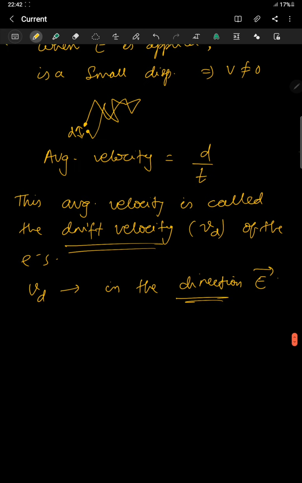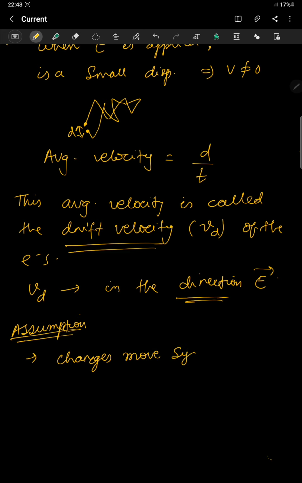Now so many electrons are involved here, so to make our life simpler, we will take some assumptions. This assumption is required in order to calculate the expression for current. The assumption is that charges move symmetrically, and each has a velocity which is called the drift velocity, Vd.